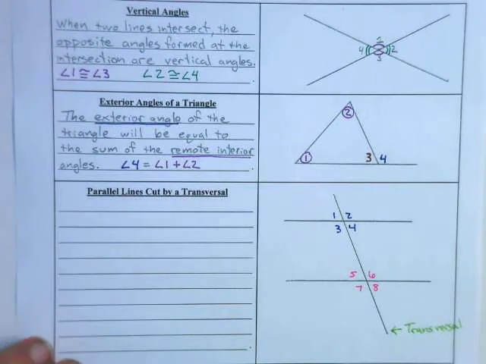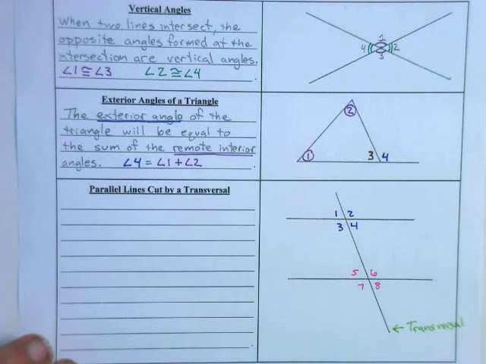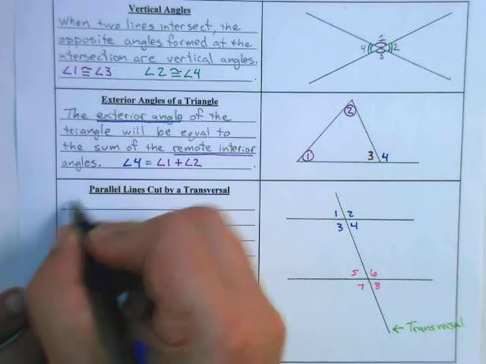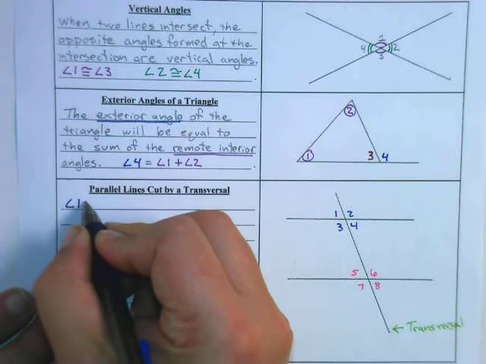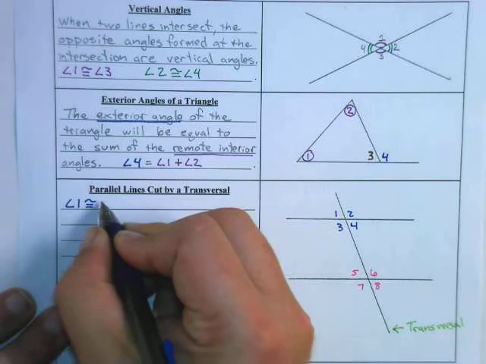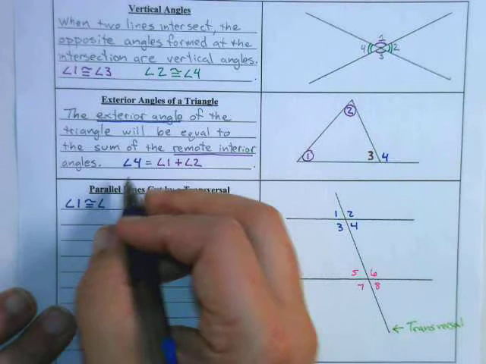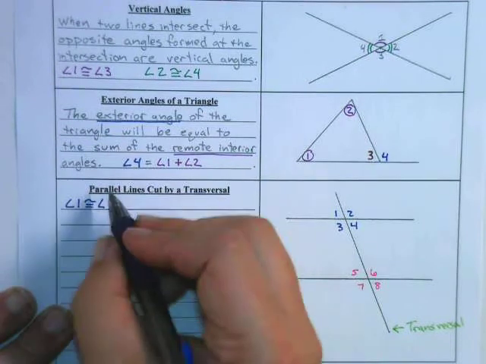Okay. So let's start off with a set of congruent angles. So angle 1 is congruent to angle 5.